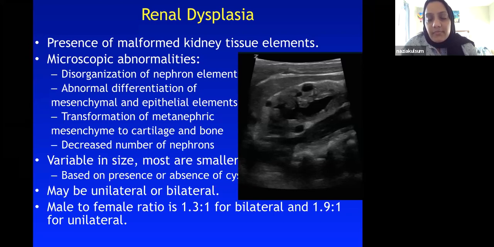So cysts, they could be echogenic kidneys. Most of the time it tends to be unilateral, but can be bilateral. The incidence is slightly more common in males. And the ratio of bilateral to unilateral is 1.9 to 1. And in renal dysplasia, these are kids that are at high risk to have abnormal kidney function right from birth. So these are kids that we would follow long term.